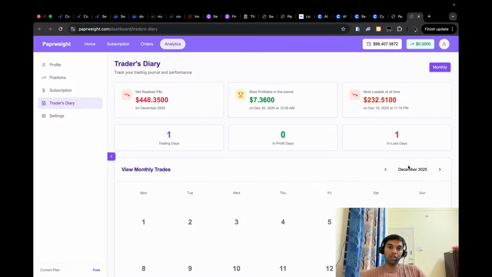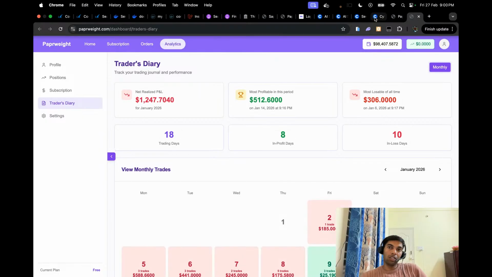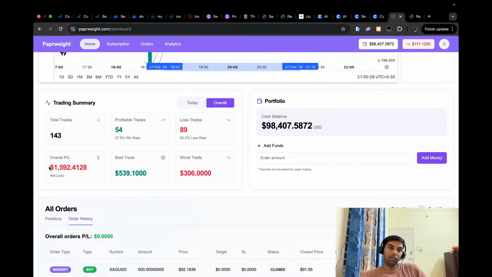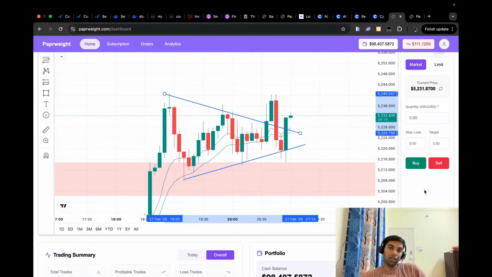So that's why our total overall loss, you can just see here, is $1,592. That is the loss from January and December altogether, because in Feb we are closing at $103 profit.